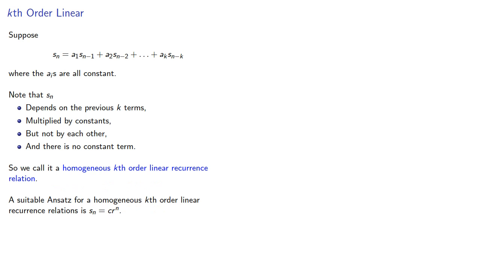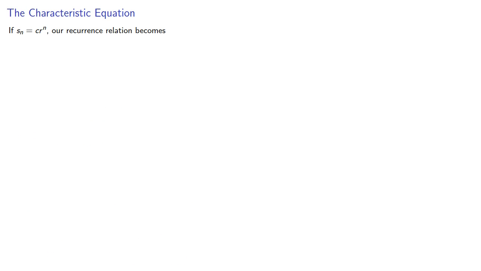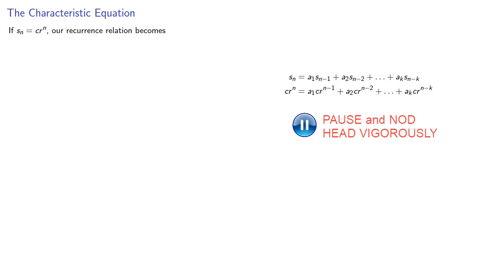A suitable ansatz for a homogeneous kth order linear recurrence relation is S_n equals C r to the power n. If S_n is C r to the power n, then we substitute C r to the power n for S_n and all the others.